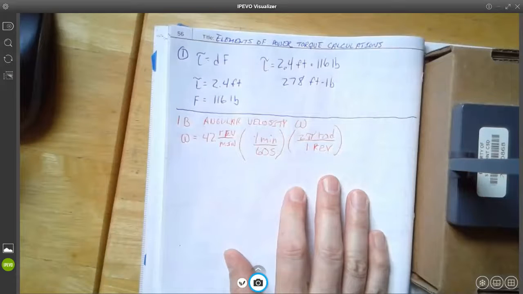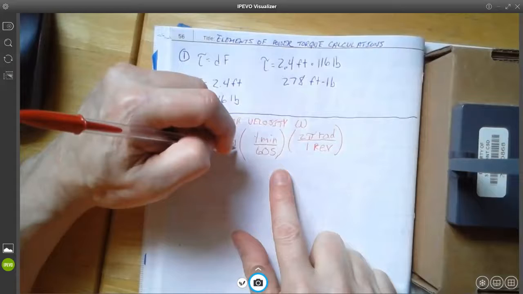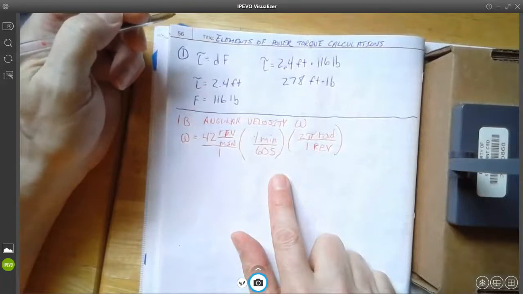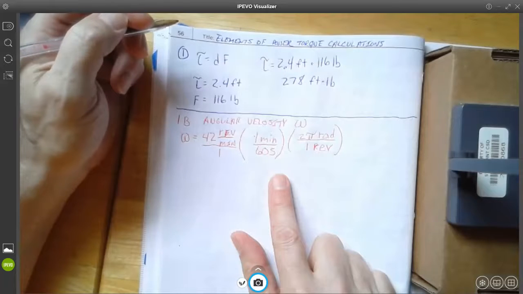This is the big part, and you have to remember that this is over 1 right here. All right, so we've got to start canceling stuff out.